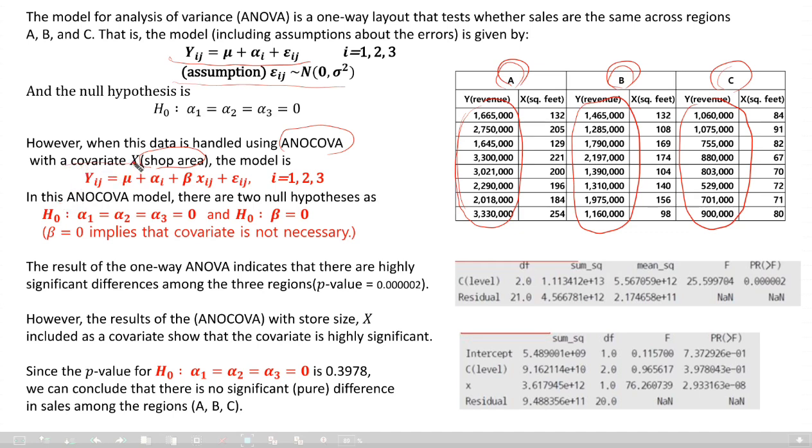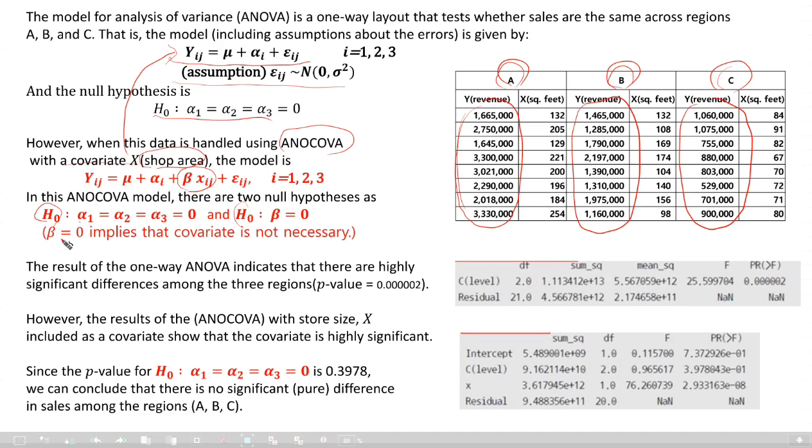That X may influence Y, the amount of revenue. The model will be Yij equals mu plus alpha i plus beta Xij plus epsilon ij. And you may test two null hypotheses: H0, alpha 1, alpha 2, alpha 3 equal to 0, and H0, beta equal to 0.